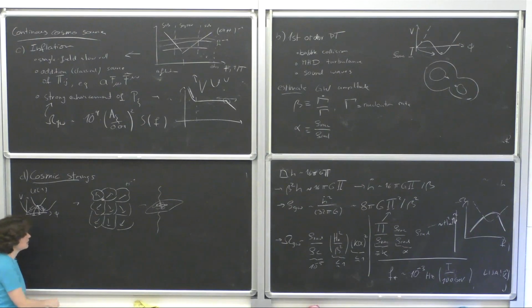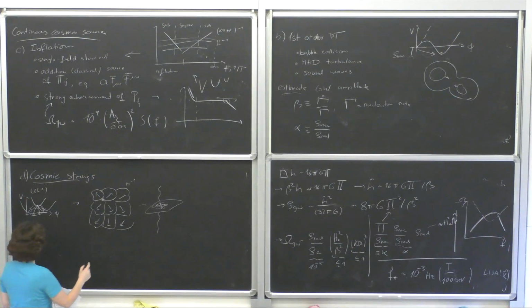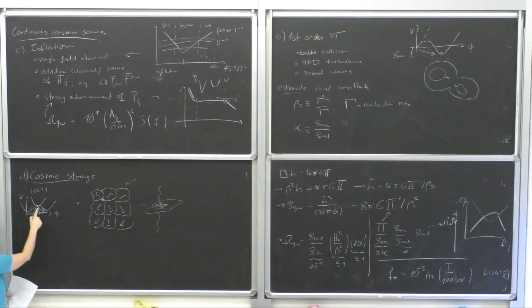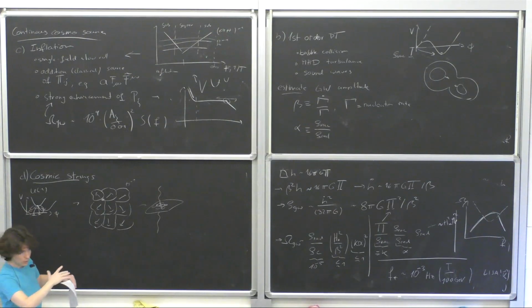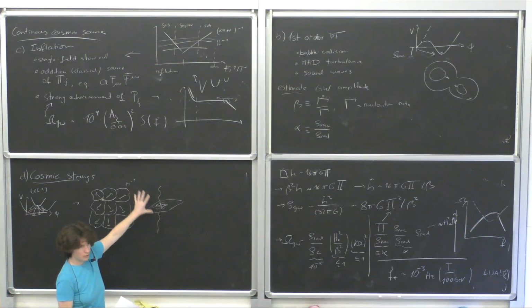So there will be one-dimensional objects in three-dimensional space where you've restored the energy density that you had in the unbroken phase. And there's no way you can, by any local transformation, get rid of this object.